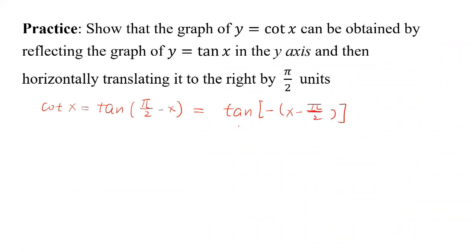And we know that for this function, this parameter here corresponds to a reflection in the y-axis, right? And this parameter here means a horizontal translation by a unit of half pi to the right.